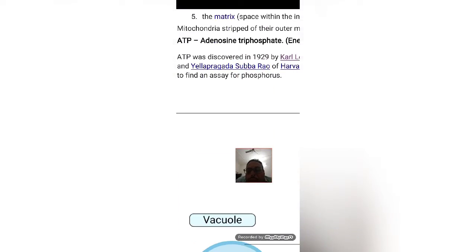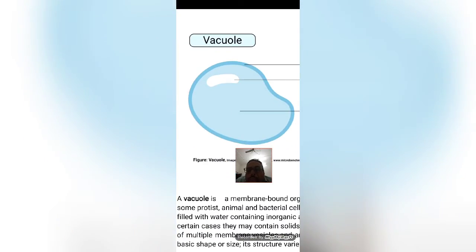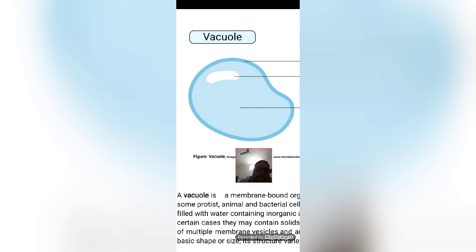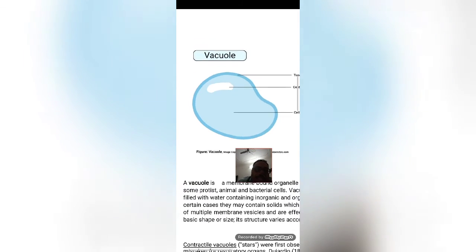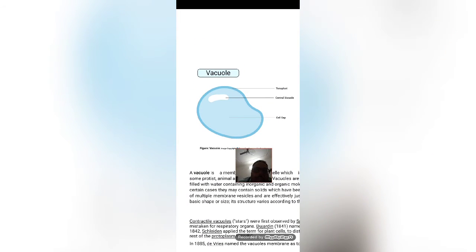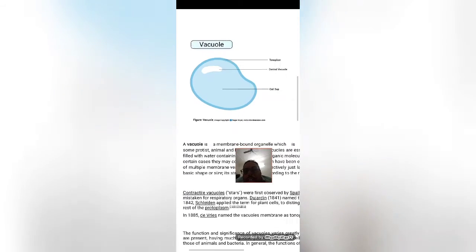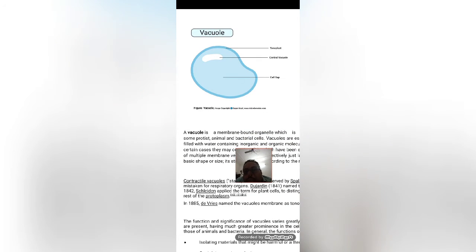The next cell organelle we are going to discuss is vacuoles. The term vacuole means empty space. It is also a membrane structure. This is the structure of a vacuole.